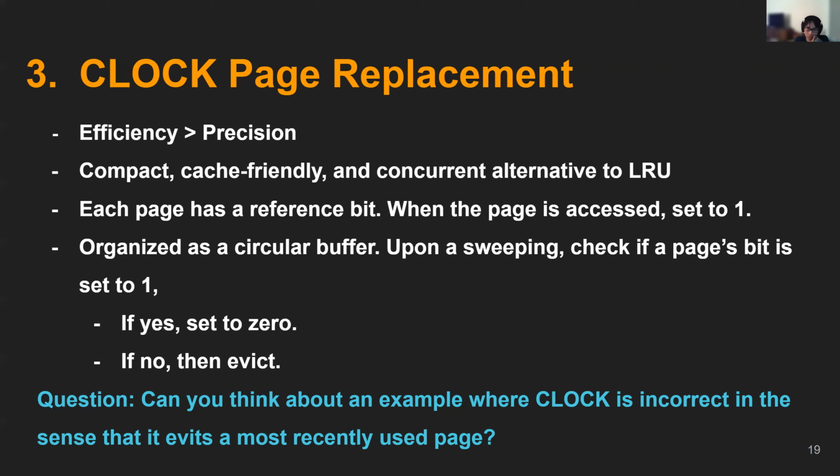You only need to keep 1 bit. But as I said, clock is an approximate algorithm. Can anyone think of an example where clock is incorrect in the sense that it evicts the most recently used page? This will never happen in LRU, but it could happen in the clock algorithm.